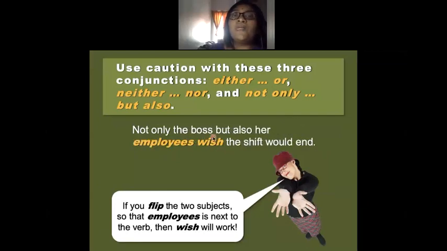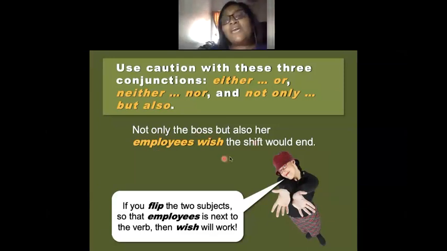So let's see if we change the order. Not only the boss, but also her employees. Here not only has been used, and we still have 2 subjects, the boss and the employees.